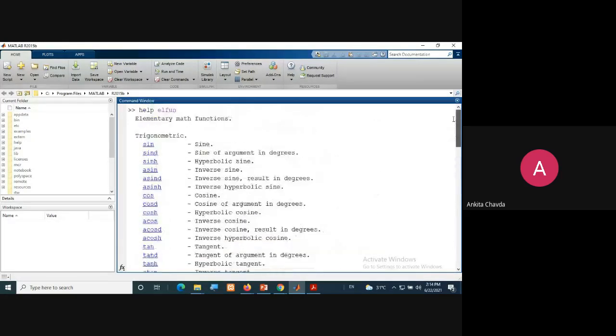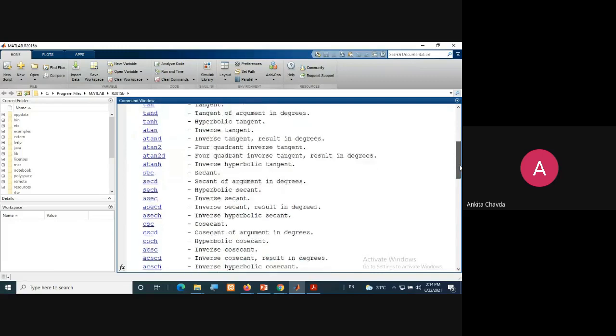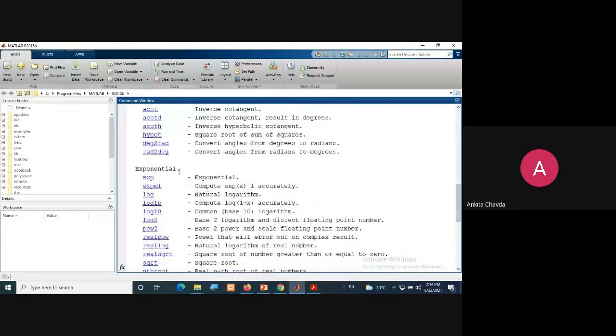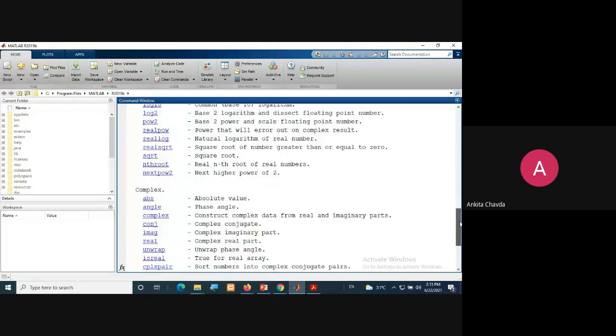See, here I'm showing you the different functions. They are the elementary math functions, where you have the trigonometric functions like sin, sind, sinh, asin, cos, and so many more. Then you have the exponential functions also: exp, expm1, log, log1p, log10, and the power functions.